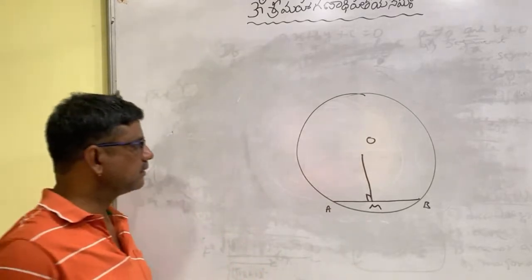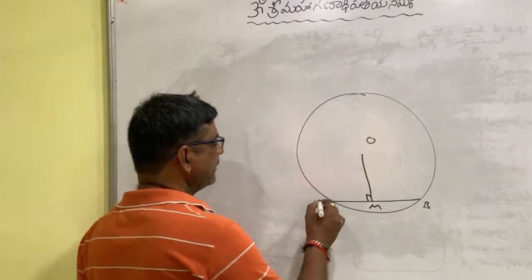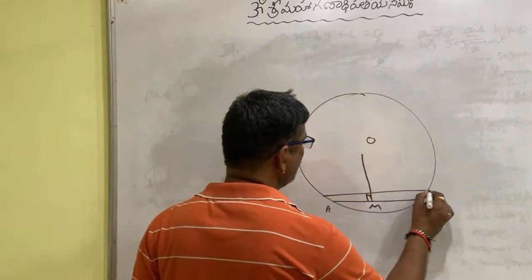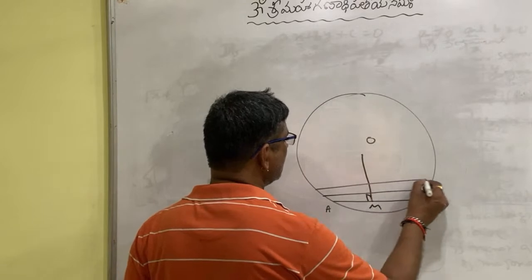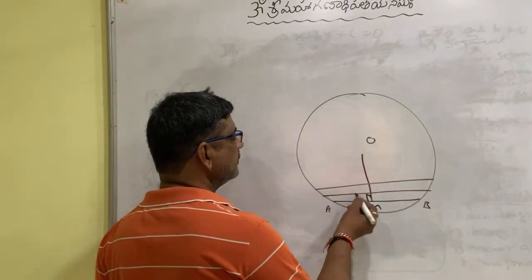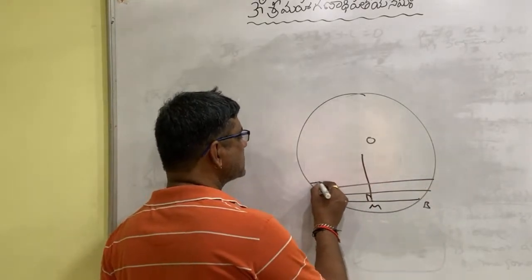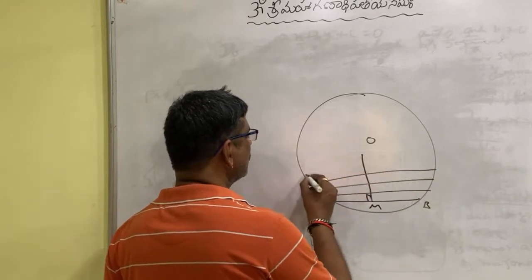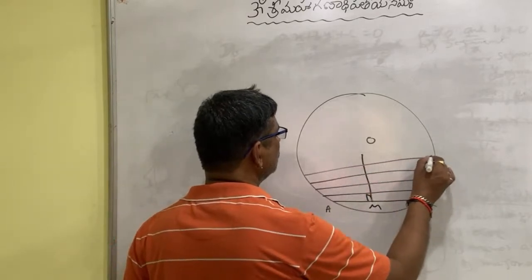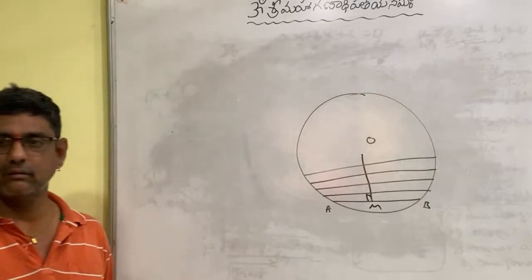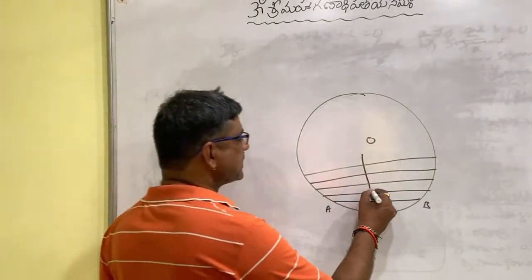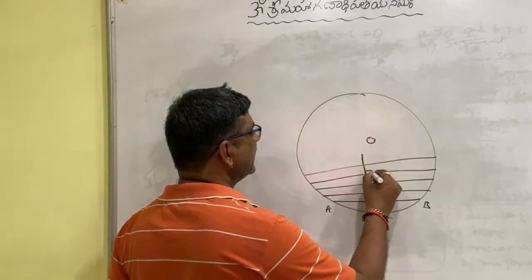Now, when we are drawing different chords closer to the center, this perpendicular distance decreases.